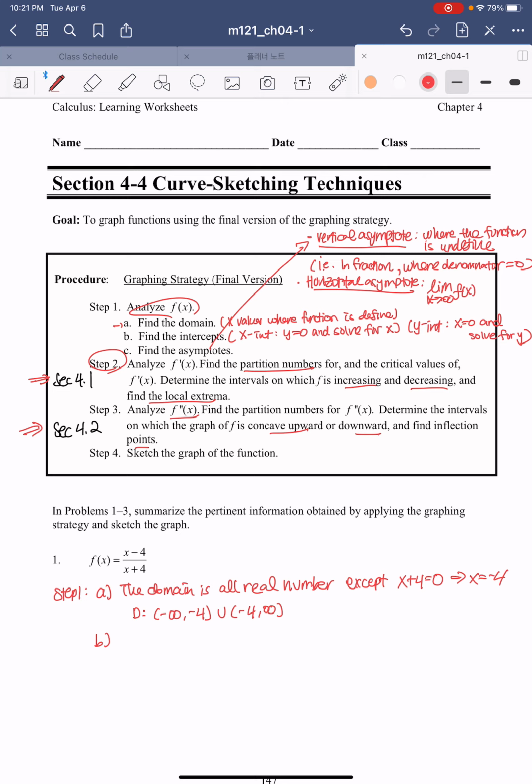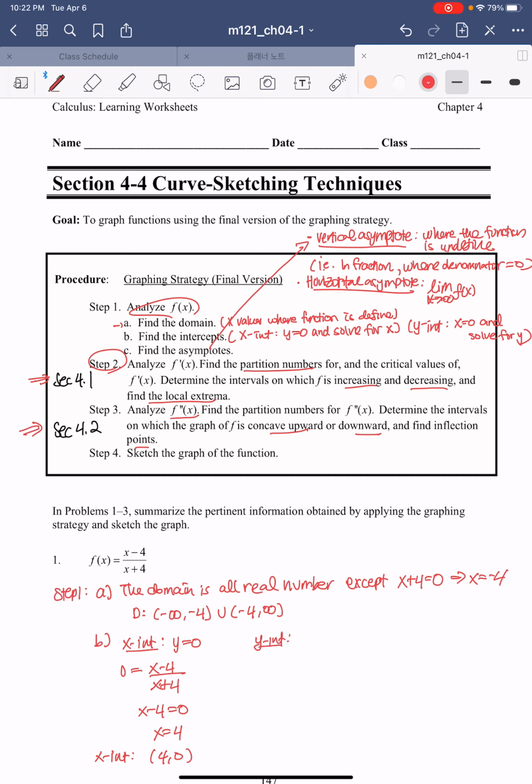To find the x-intercept, we let y equal 0 and solve for x. So 0 equals x minus 4 over x plus 4, and the fraction is only 0 when the numerator equals 0. That means x minus 4 equals 0, so x equals 4. That's where the intercept occurs, and you can also write the x-intercept as an ordered pair, (4, 0).